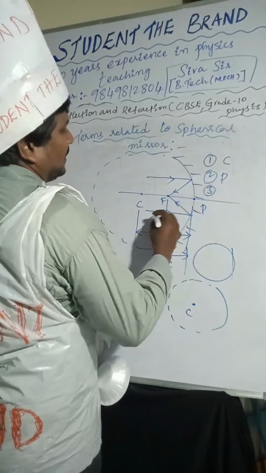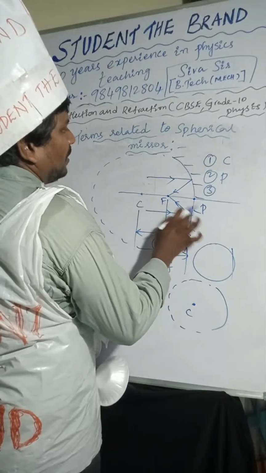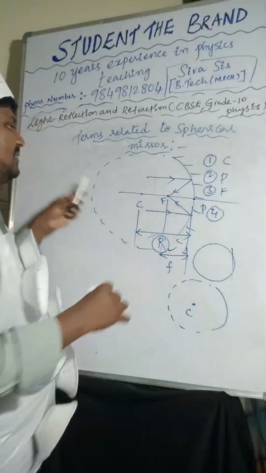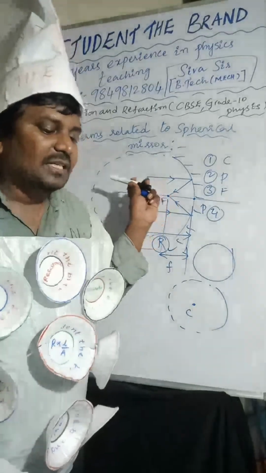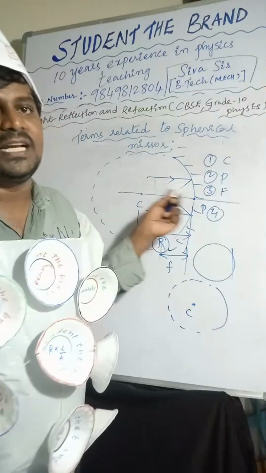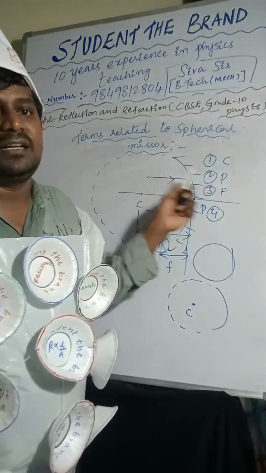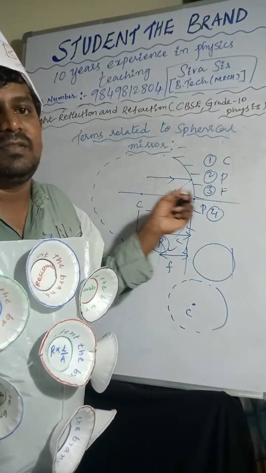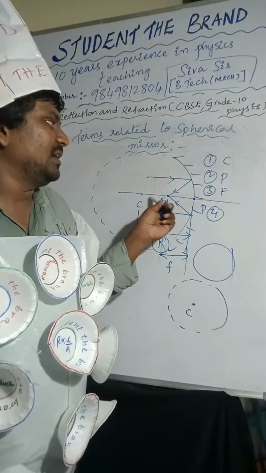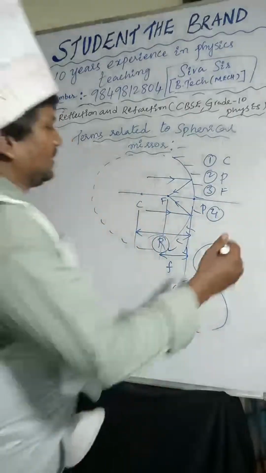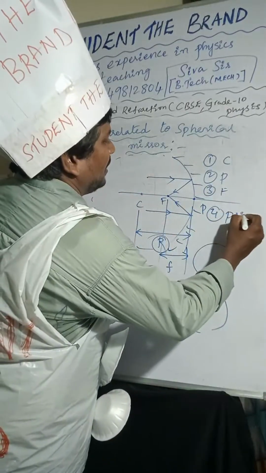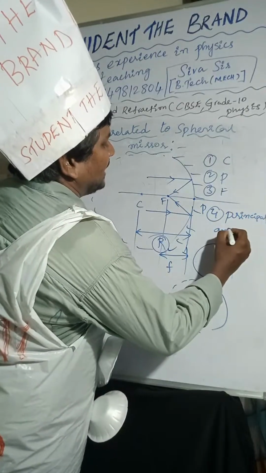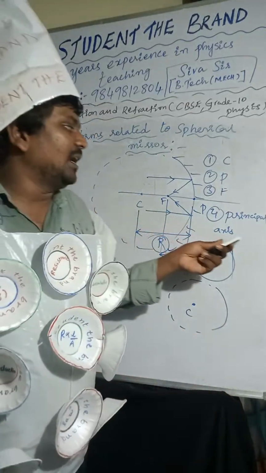Third is the focus. Fourth, the line joining the center of curvature and the pole is called the principal axis.